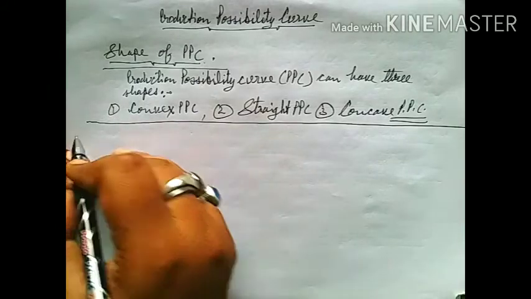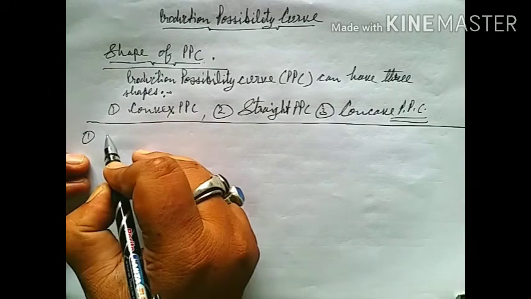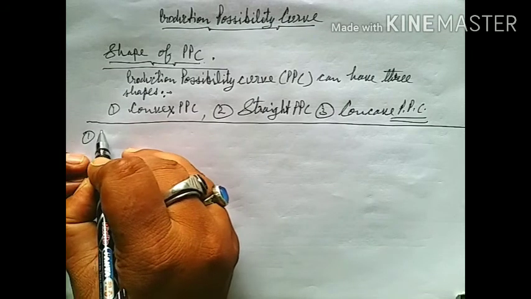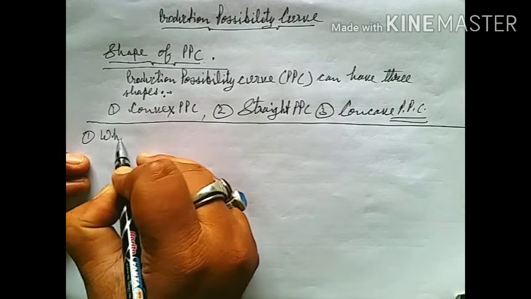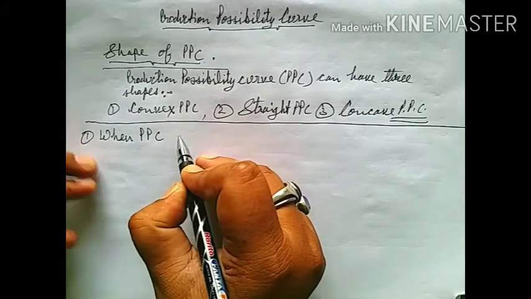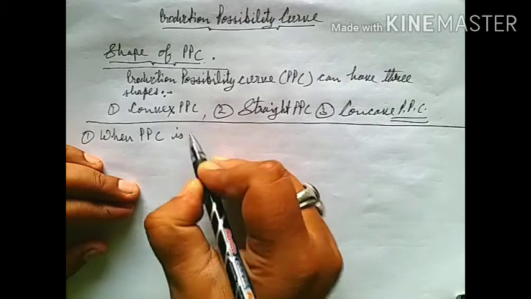First, I am going to tell you about when the PPC, production possibility curve, is convex.